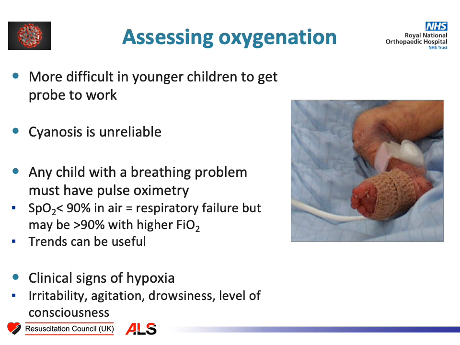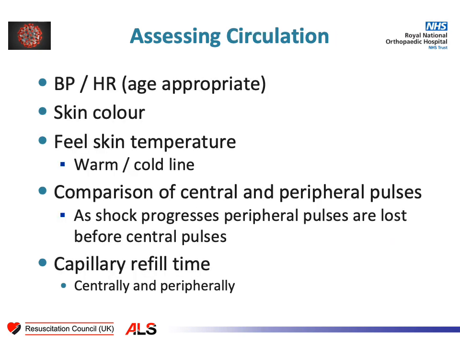Clinical signs of hypoxia and respiratory failure are irritability, agitation, drowsiness, a reduced level of consciousness, sweating, cyanosis, and also hypotonia and bradycardia. If you see these concerning signs, call for expert help immediately. Having assessed the patient's breathing, we now move on to assessing circulation.